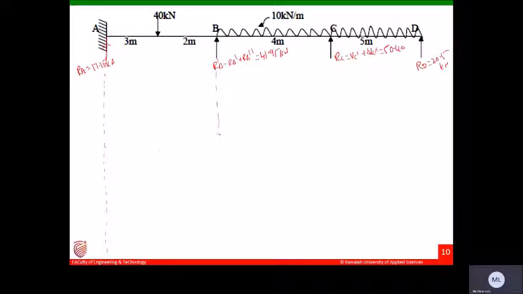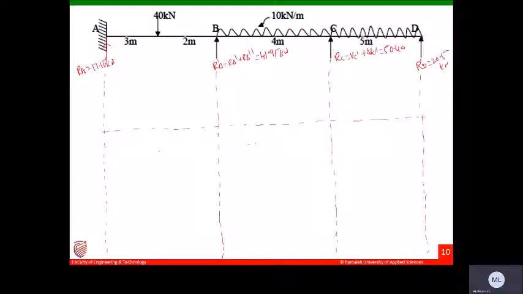Now let us show SFD BMD for the given problem. Let us take this, this is the datum line.